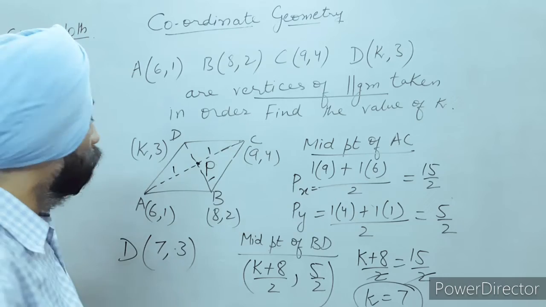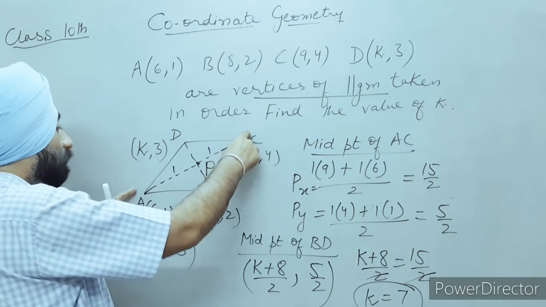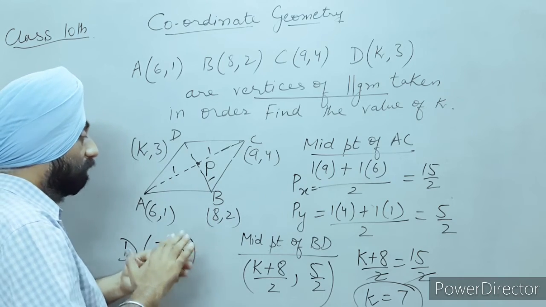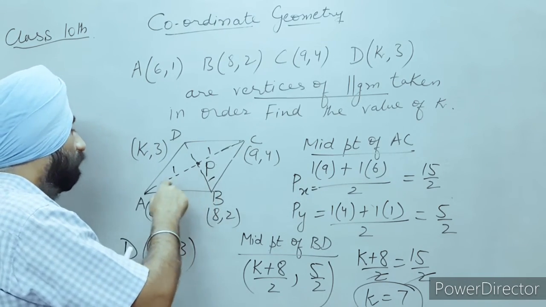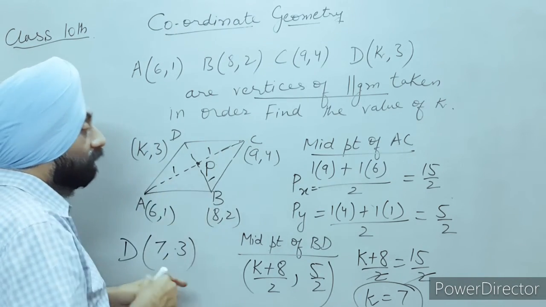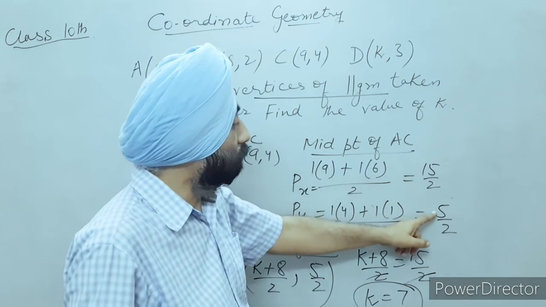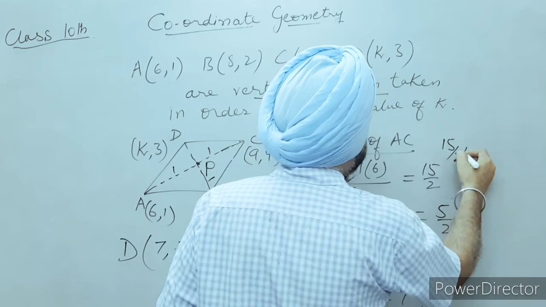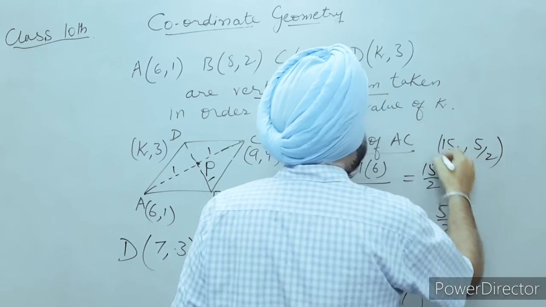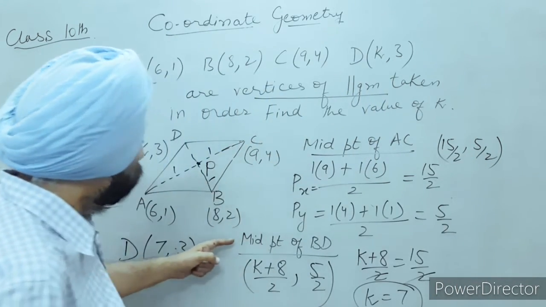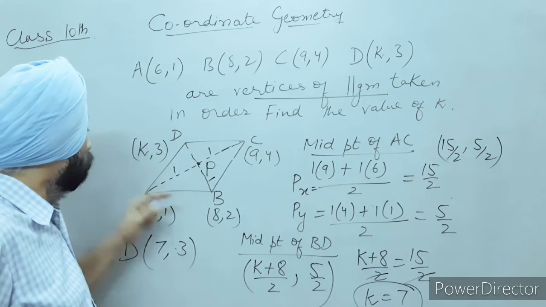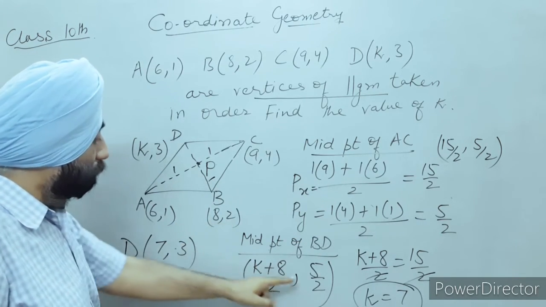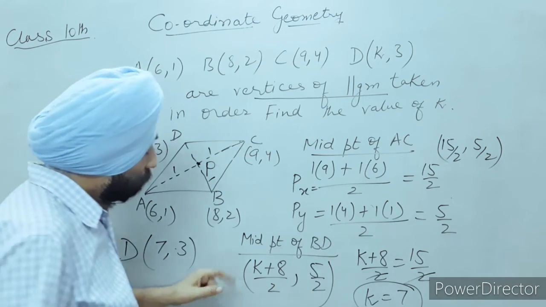The concept I have used is that the midpoint of AC and midpoint of BD coincide. It is the same point P. I calculated the midpoint of AC as 15 by 2 comma 5 by 2. I calculated the midpoint of BD as K plus 8 divided by 2 and 3 plus 2 divided by 2.